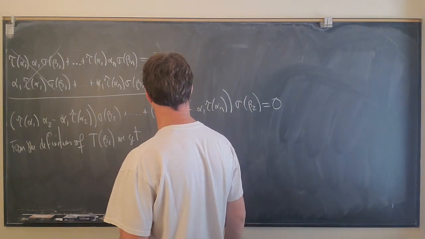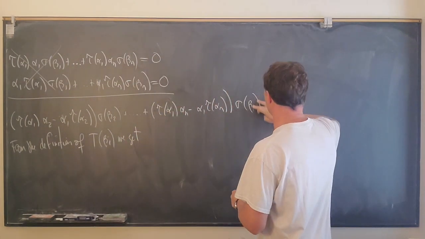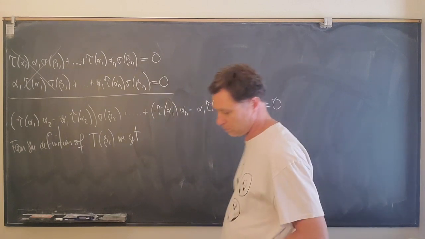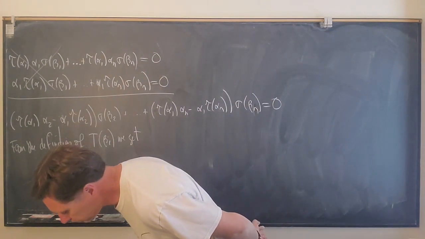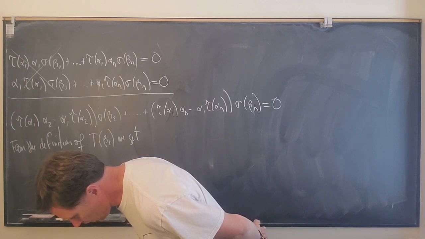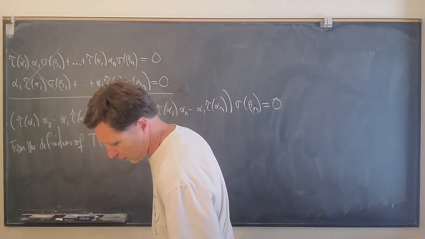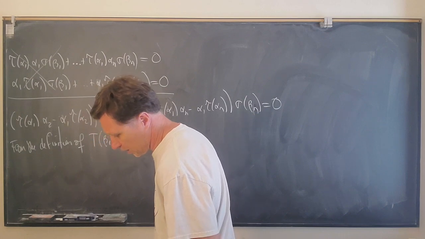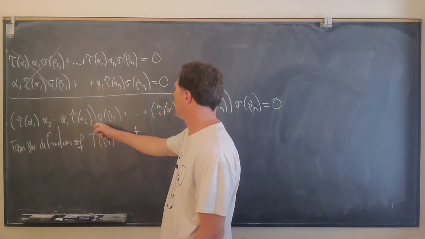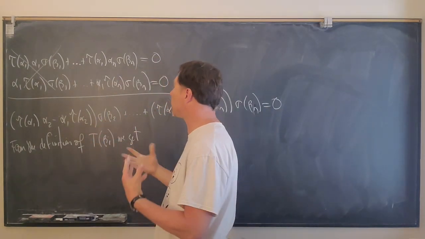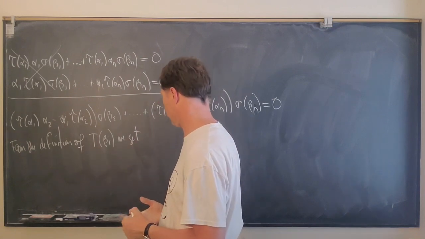Oh wait, that should be a beta n, right there. Let me just write it down here. It's a little ugly, but it's just the fact that sigma applied to beta 2 can be written in terms of capital T.